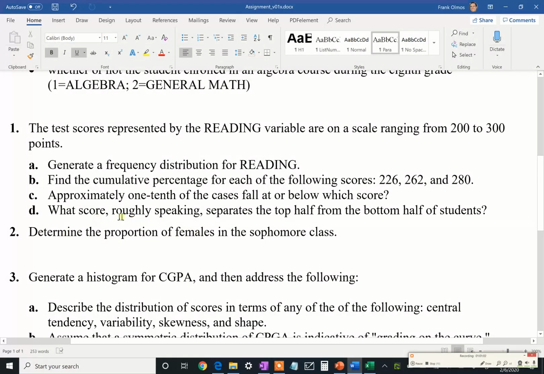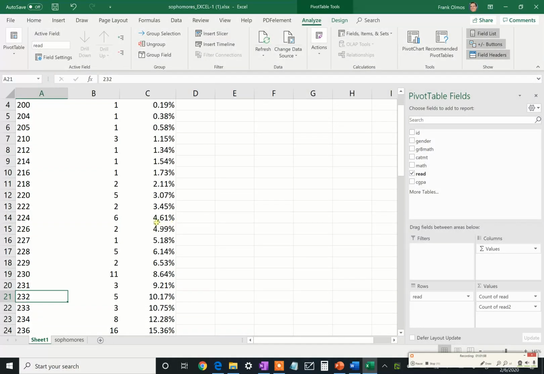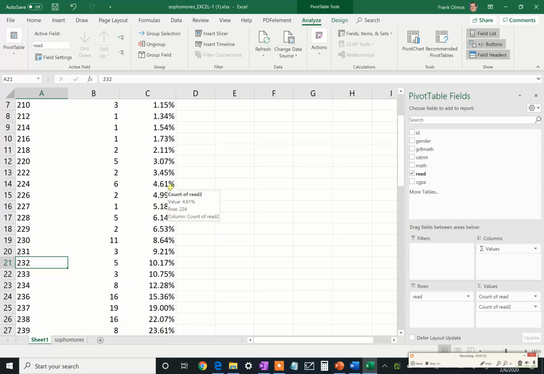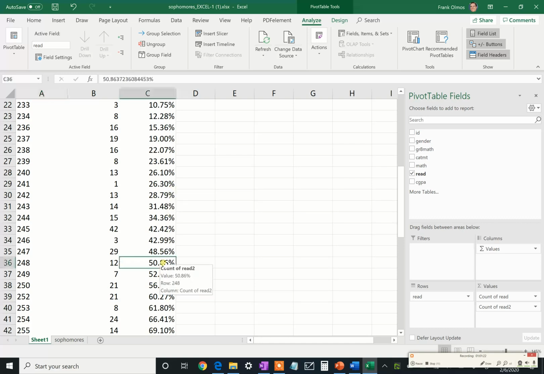Okay, what score, roughly speaking, separates the top half from the bottom half? So what should I do here? What percentage should I look at if I want to get the half? Yeah, around 50%. 247 and 240.